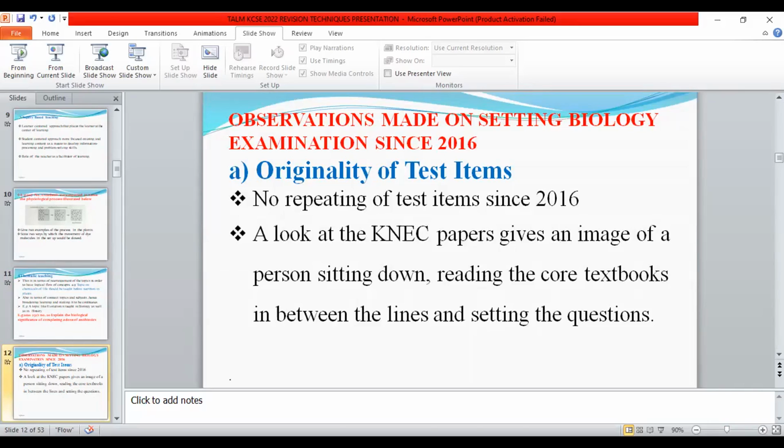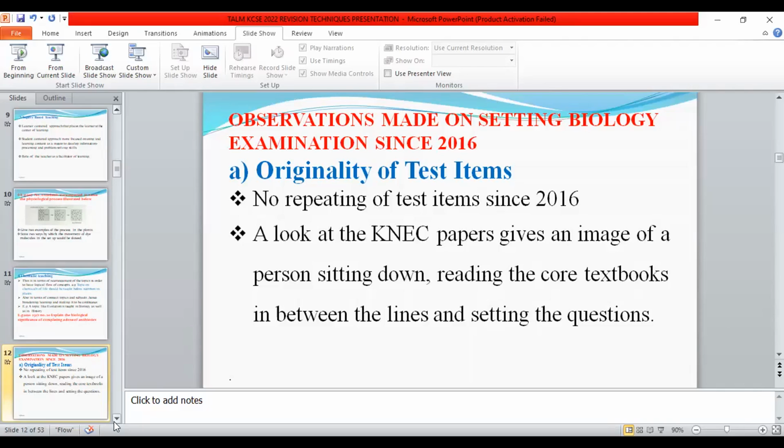When you look at the papers that are being set from maybe 2017, it appears as if those people setting the exam have sat down and read all the KCSE textbooks from Form 1 to Form 4, in between the lines, such that if you look at every page of the KCSE textbook, it appears as if a question has been set from every page.